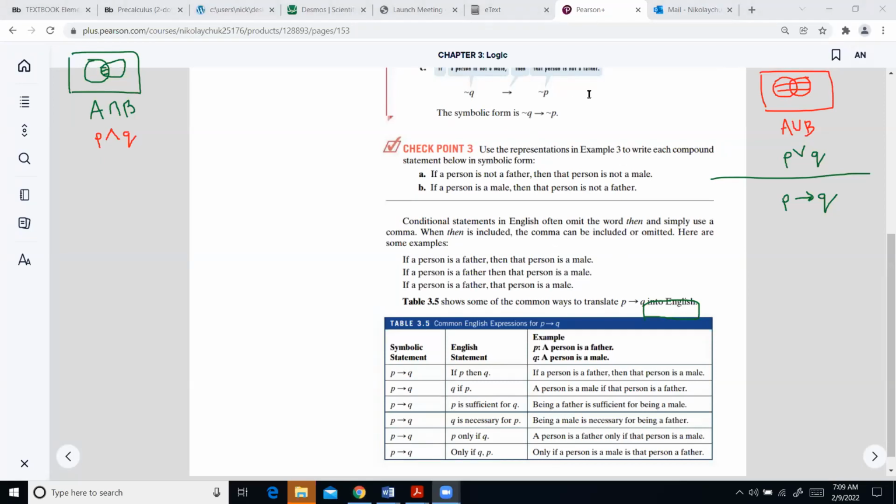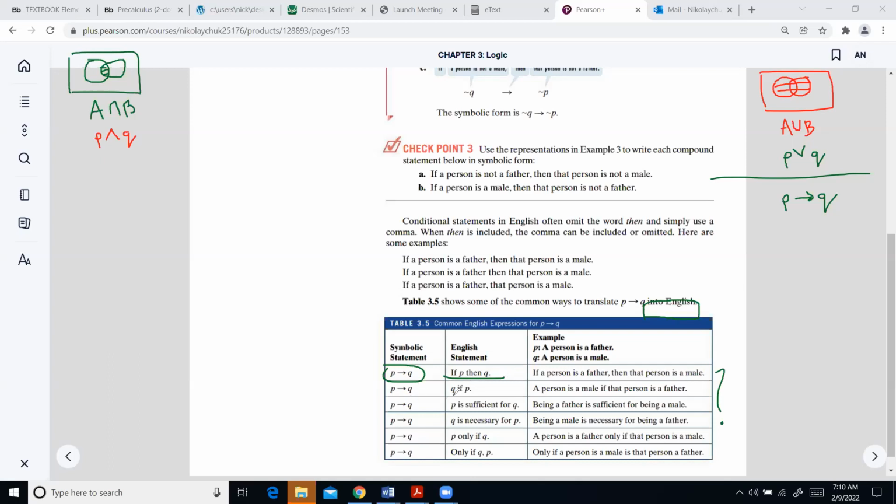And if you start to read whatever they put here in words, you might start to get a bit confused. So that's why I'm going to try to avoid all that. But it's good to realize that the statement from P follows Q could be spelled out in the English language in various ways, such as if P then Q. That's probably the most straightforward way, but you can start on the right and go to the left.